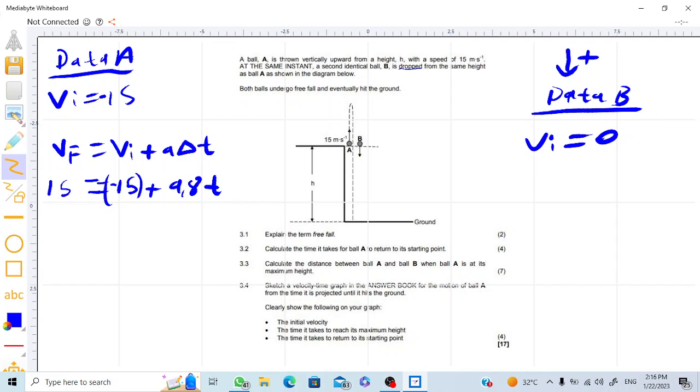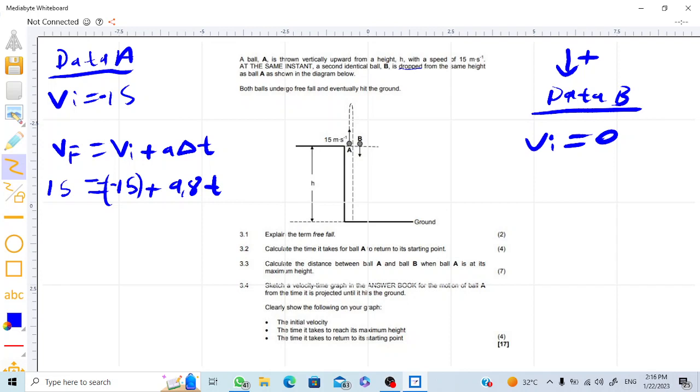It happens like that. I hope you guys understand what I'm saying. If you throw a ball with 15 meters per second upwards, it is going to return to the same point with the same speed. Okay? But in the opposite direction. I hope that one you understand it.